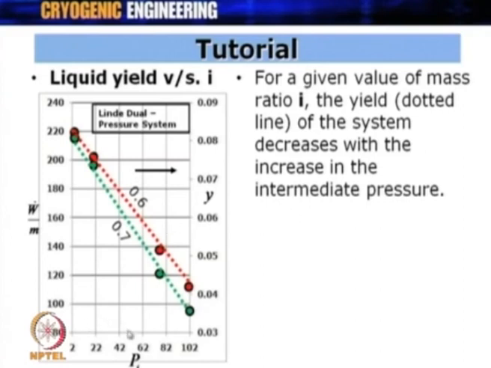All right. If the intermediate pressure increases, it means that mathematically, in the expression for y, the second part, which was I times a bracket, has a numerator h1 minus h2 whose value starts increasing, and therefore the negative part starts increasing, and the value of y decreases as you go on increasing the intermediate pressure.